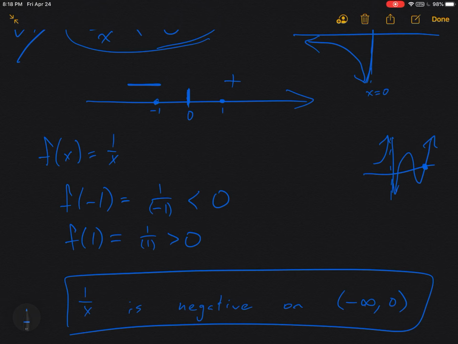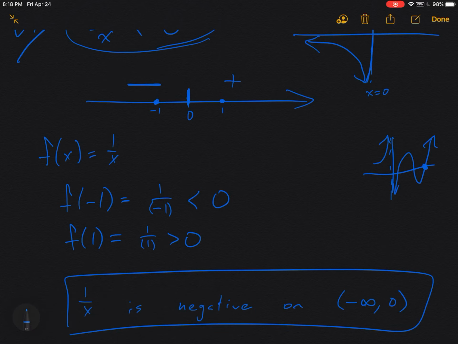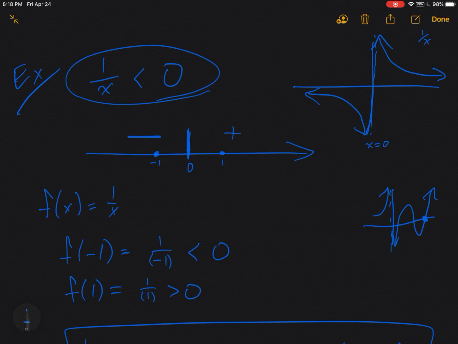Now remember that what we're doing is we're picking a test point like -1. That test point is just determining whether f of x is positive or negative on that region. It's not a division point that the sign changes at. So this -1 is not where the sign changes. The sign changes at 0, which was our division point, which we found just because that's the vertical asymptote in this case.